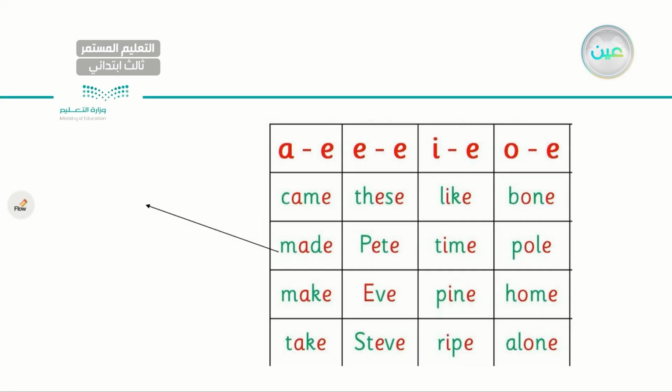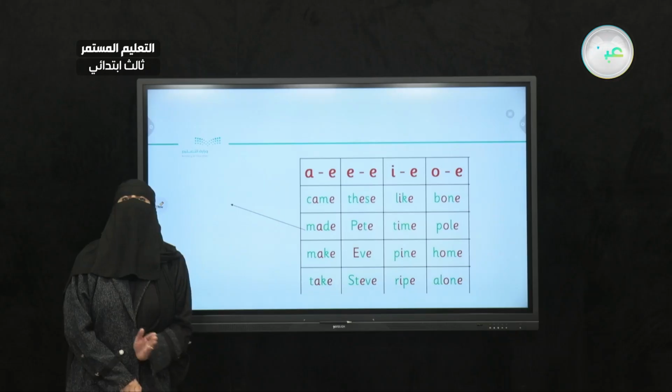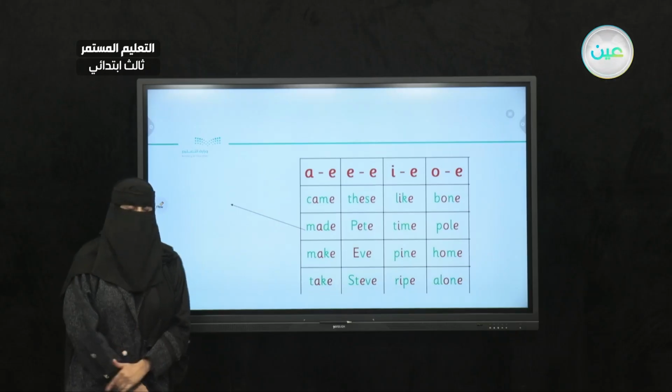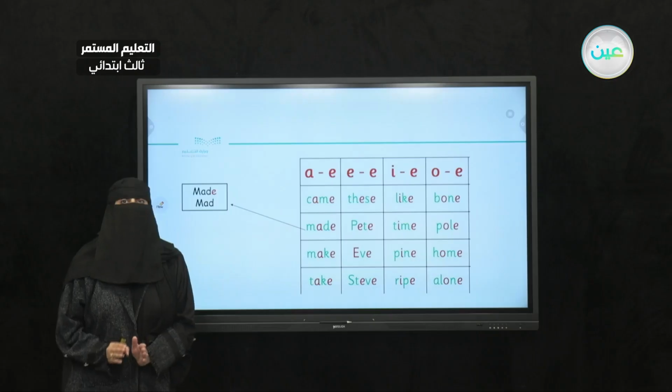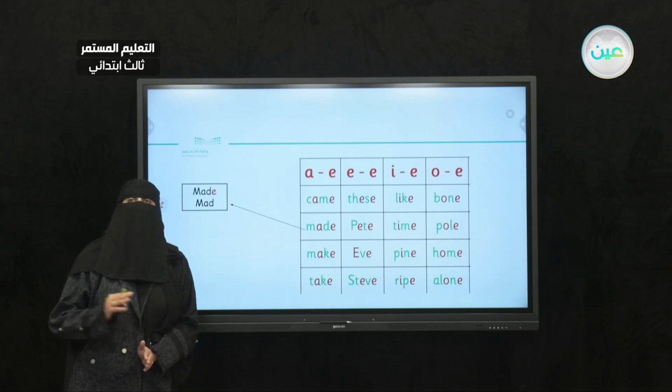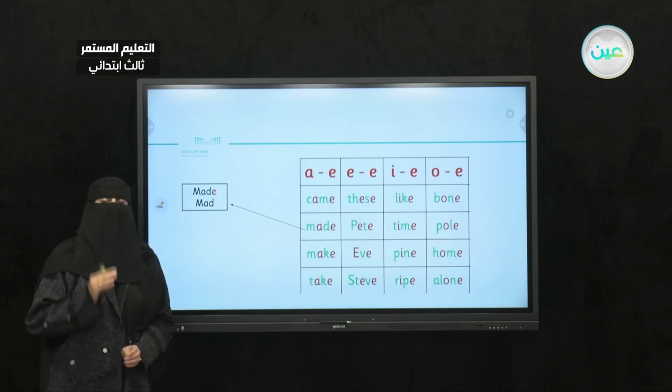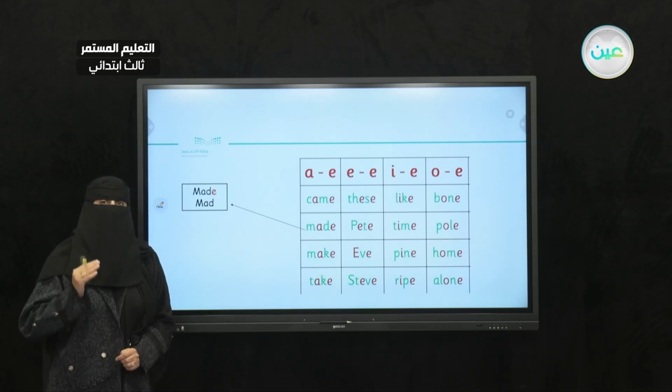Let's take the word made. Let's remove the last letter, the vowel E. We will end up with the word mad. So that's a short A. Made, mad. Long A, short A.